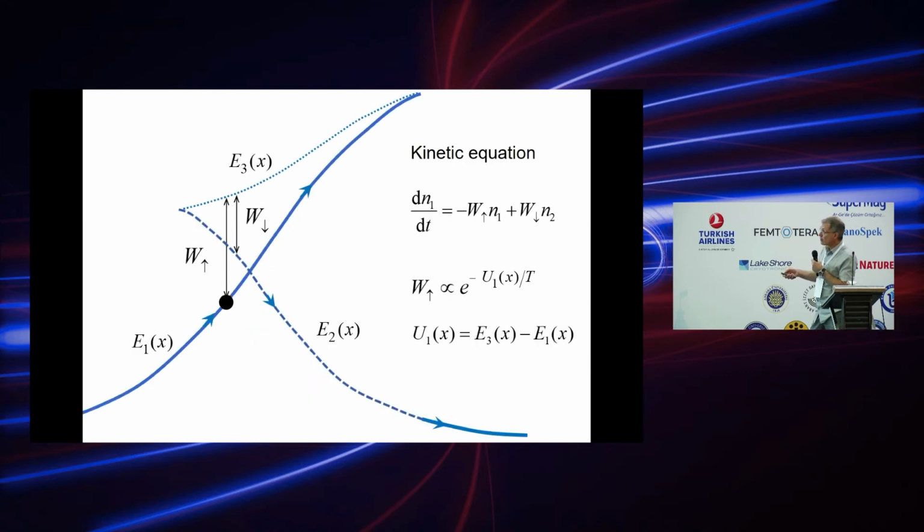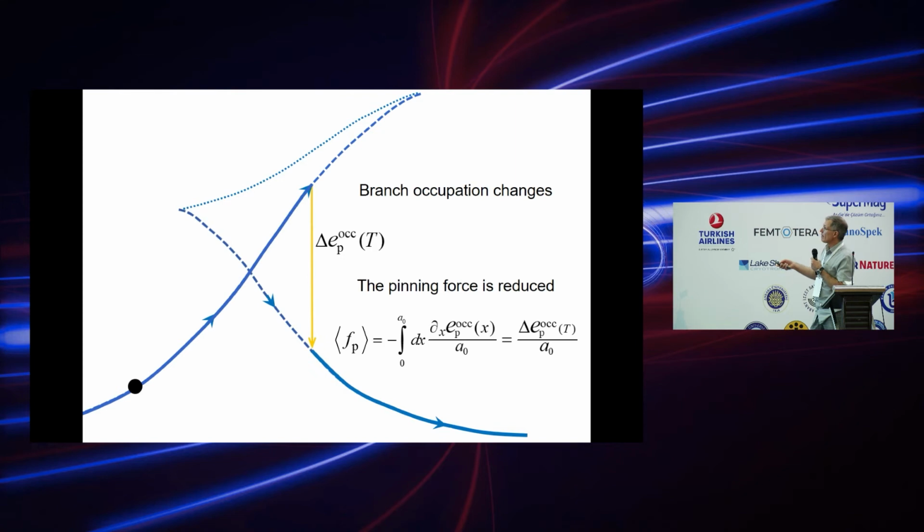We should calculate the probability of this jump to jump from one branch to another, and the backwards jump. They have different barriers. We should add them and write a kinetic equation. And as a result of it, the branch occupation changes. The jump shifts from here to here.